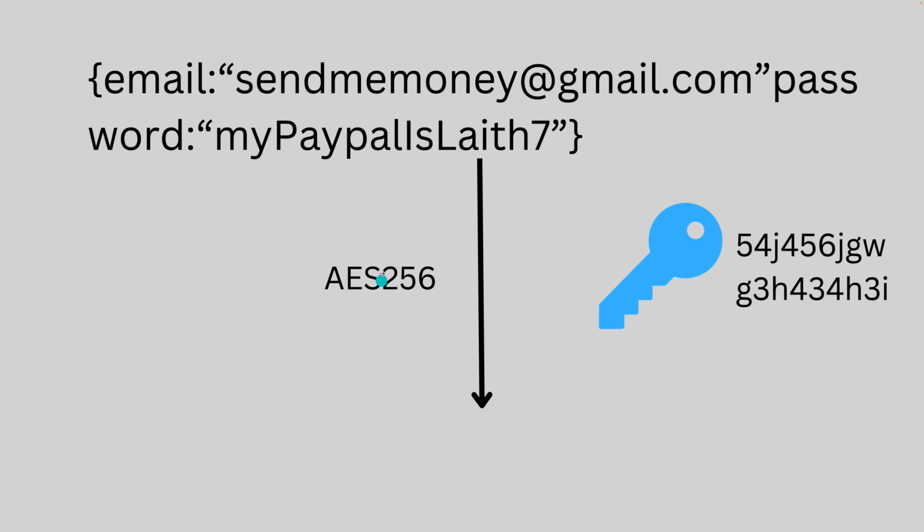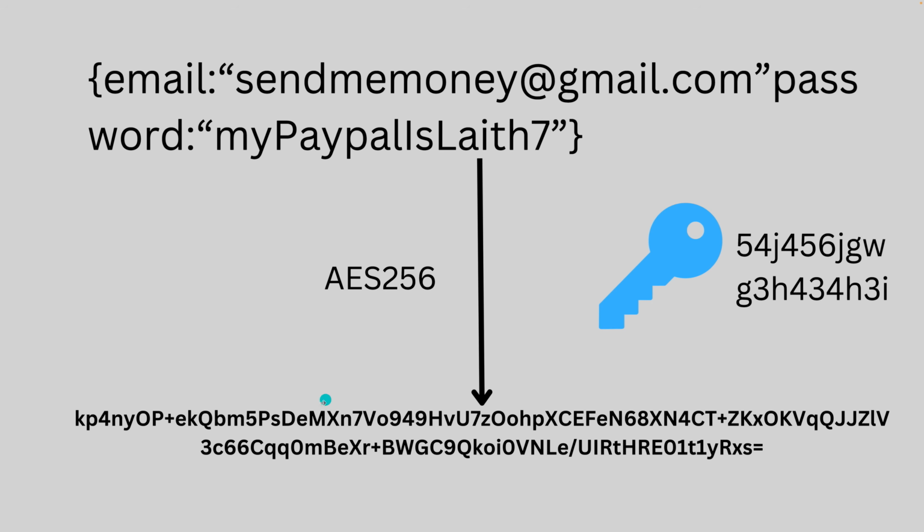AES 256 is a very famous encryption algorithm that's going to take the data, take the key, and then form some sort of string that is scrambled up and makes absolutely no sense to a normal user.